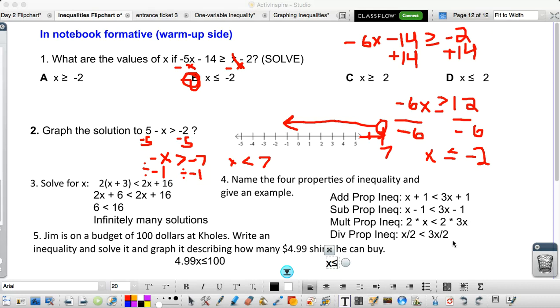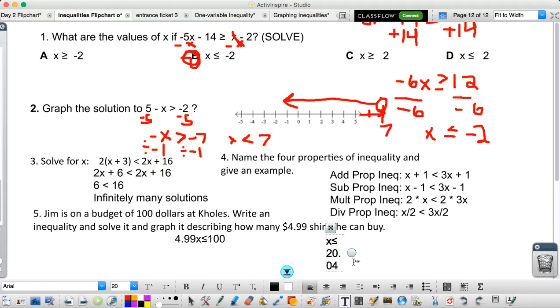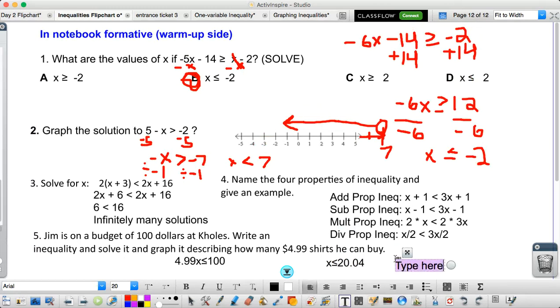We get 20.04. Okay. So really, we should fix that to be x is less than or equal to just 20, because you can't buy 0.04 of a shirt. That would not work. So this is the solution right here.